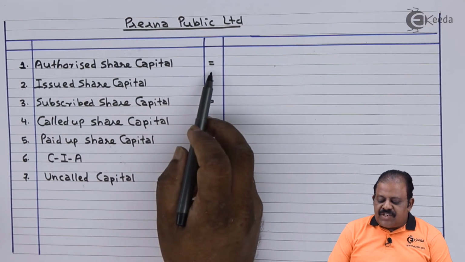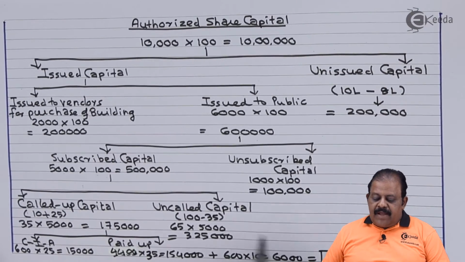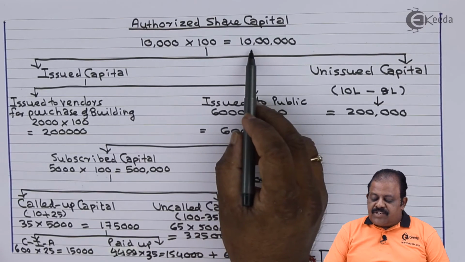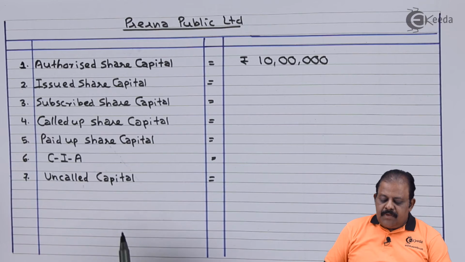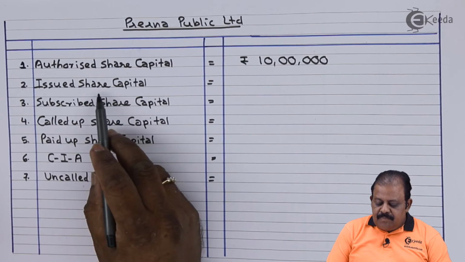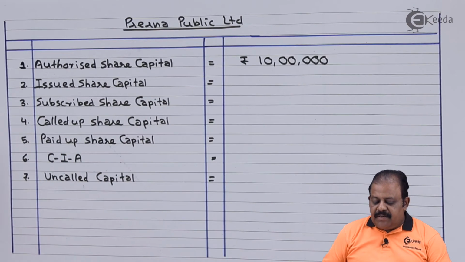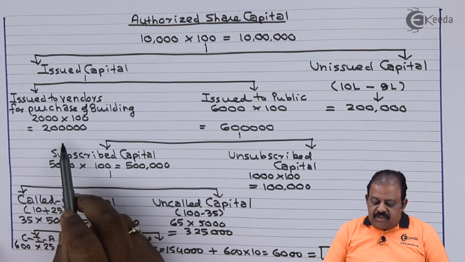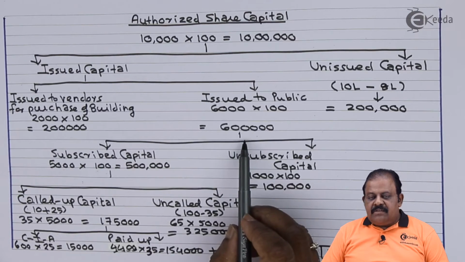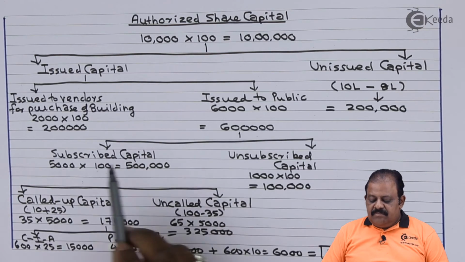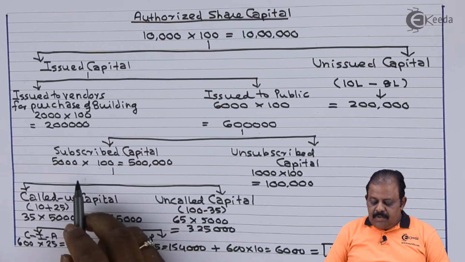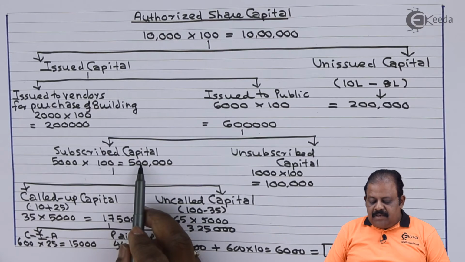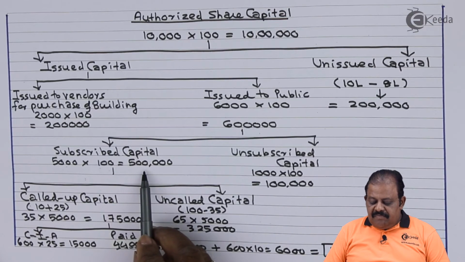First, authorized share capital. We have calculated here the amount of authorized share capital, that is rupees 10 lakhs. Next, issued share capital. Issued to vendors 2 lakhs, issued to public 6 lakhs. 2 lakh plus 6 lakhs, total 8 lakhs. Subscribed capital 5 lakhs.